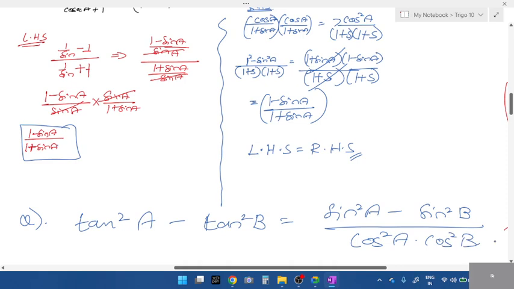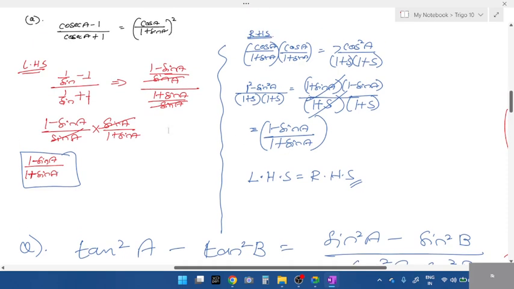All of you have done that, left hand side and right hand side question. The students respond completed.